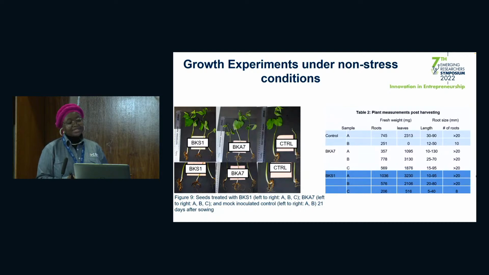So 2 of the exciting results were the BKS1 and BKA7 samples. All 3 replicas of BKA7 and BKS1 inoculated samples had root and leaf development, with the average root weight of 568 milligrams for BKA7 and 606 milligrams for BKS1, and they had more cell mass in comparison to the control plant.